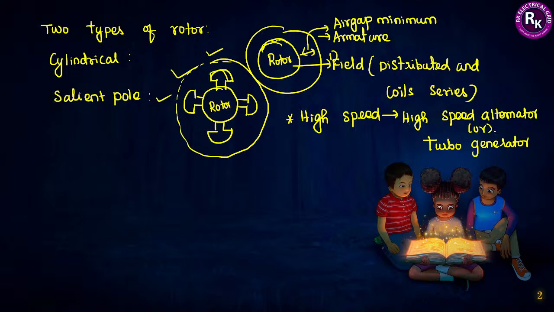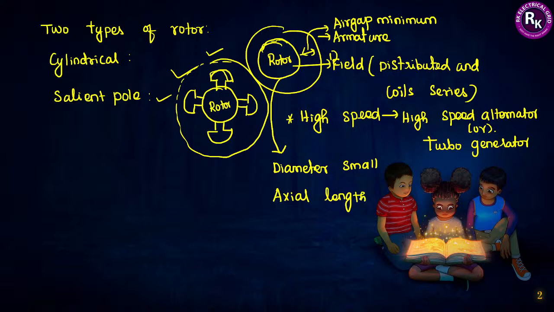And the next thing is, if you are observing the diameter of the cylindrical rotor, this diameter is very small, you can say diameter is less. At the same time, axial length will be high. Sir, what are you trying to mean here? Let me tell you.